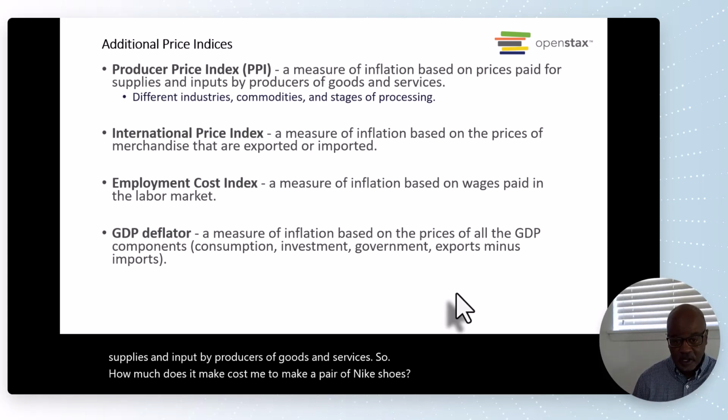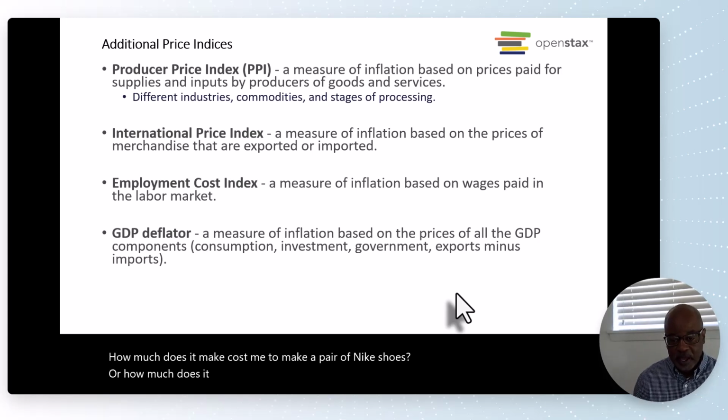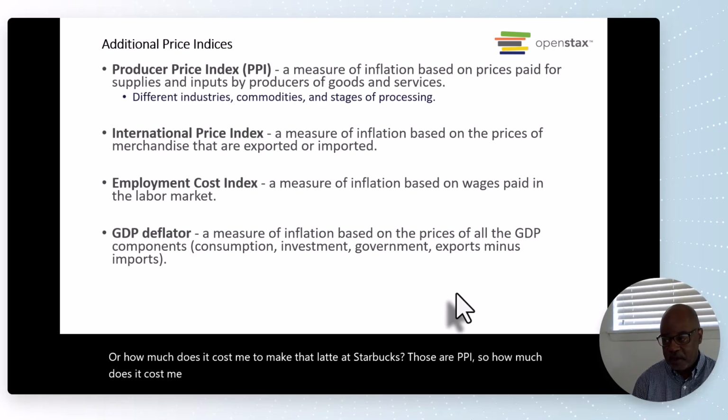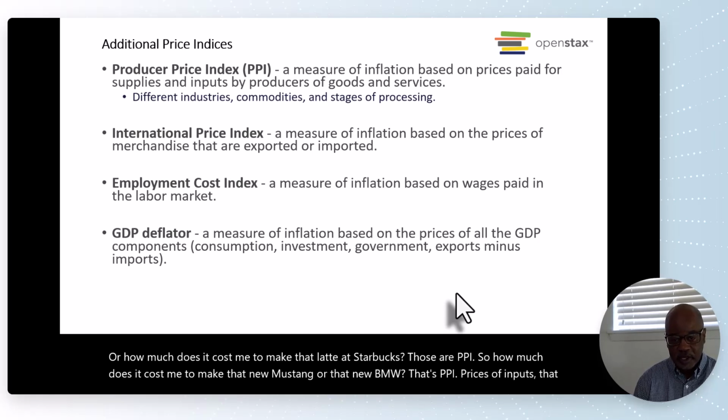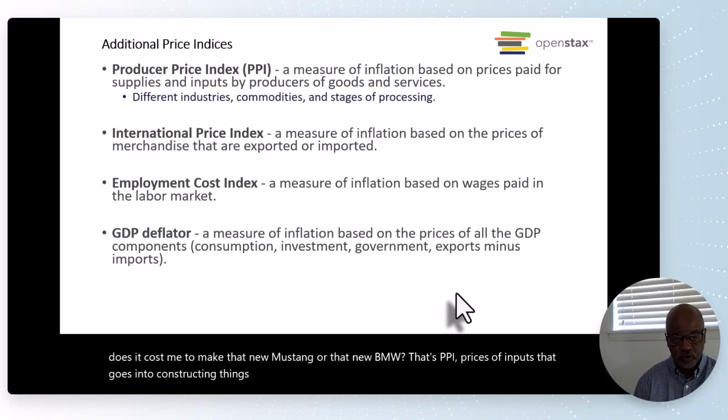Or how much does it cost me to make that latte at Starbucks? Those are PPIs. How much does it cost me to make that new Mustang or that new BMW? That's PPI. Prices of inputs that go into constructing things, making things that we consume.